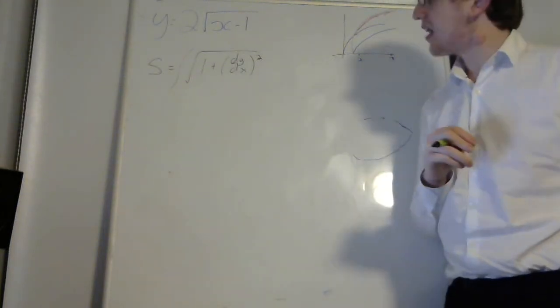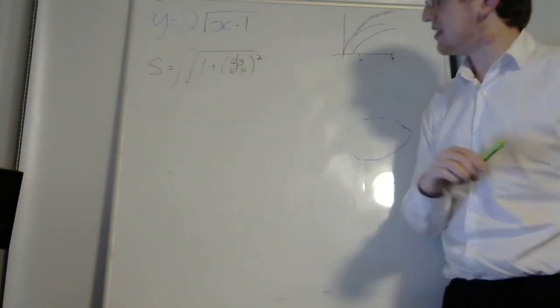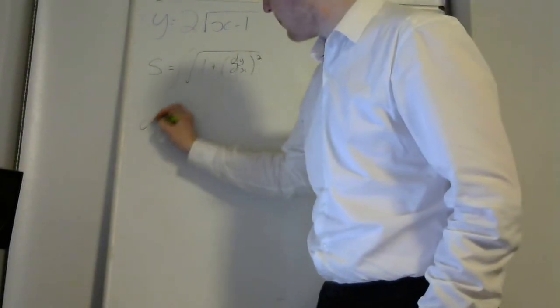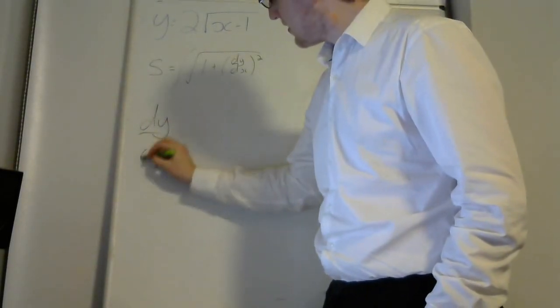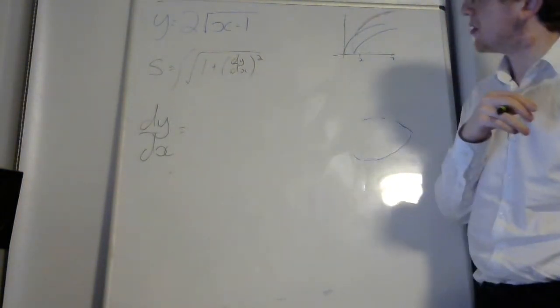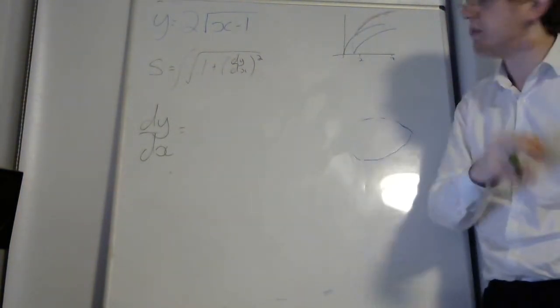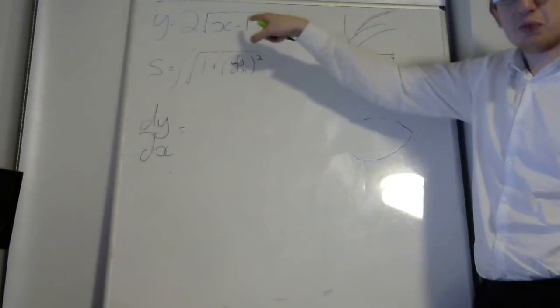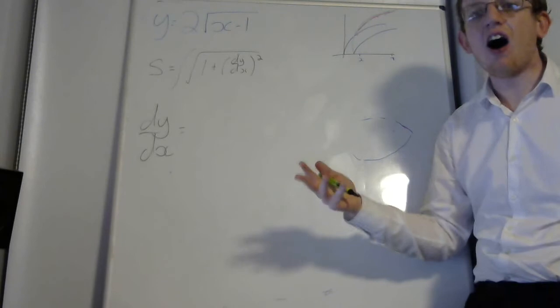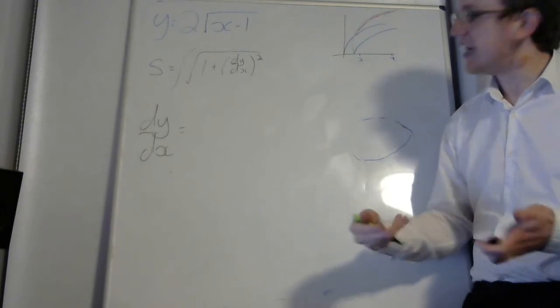So all we need to work out the arc length is to find dy by dx. This is a chain rule. Because you're all doing further maths, I'm going to talk through it. I'm not going to do it in all the stages. Root x minus 1 is x minus 1 in brackets to the power half. So how do we differentiate that using the chain rule?